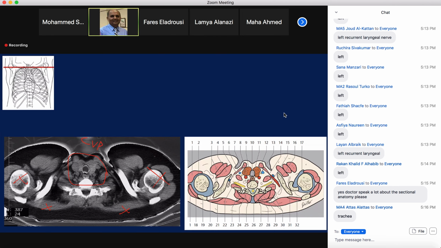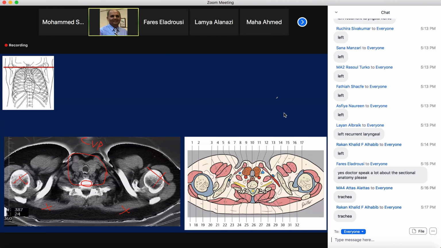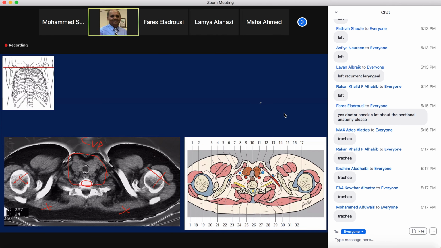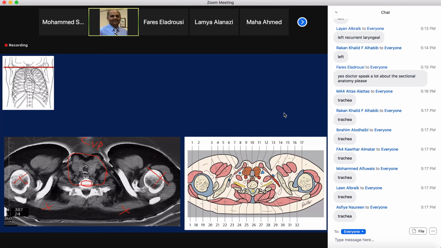Now my question is, can I see this? This is the vertebral body. What do you think this structure should be? Trachea, excellent. So you guys are mashallah good. This is my trachea. And what's behind the trachea?